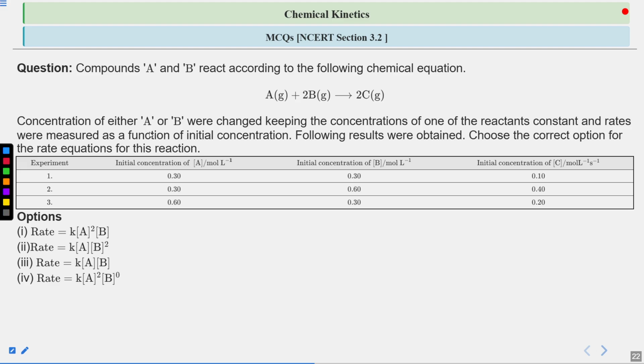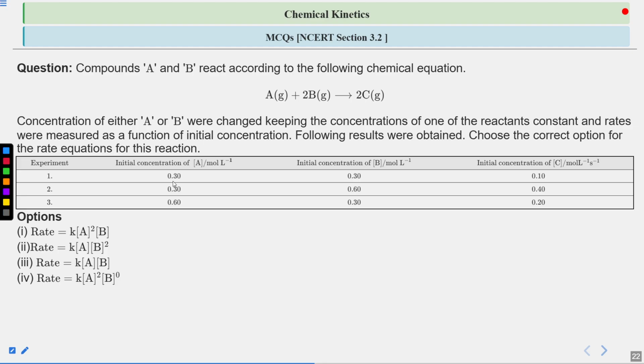Concentration of either A or B was changed, keeping the concentration of one of the reactants constant, and rates were measured as a function of initial concentration. The following results were obtained; choose the correct option for the rate equation for this reaction. So we have two compounds A and B which are reacting with each other according to this given chemical reaction.